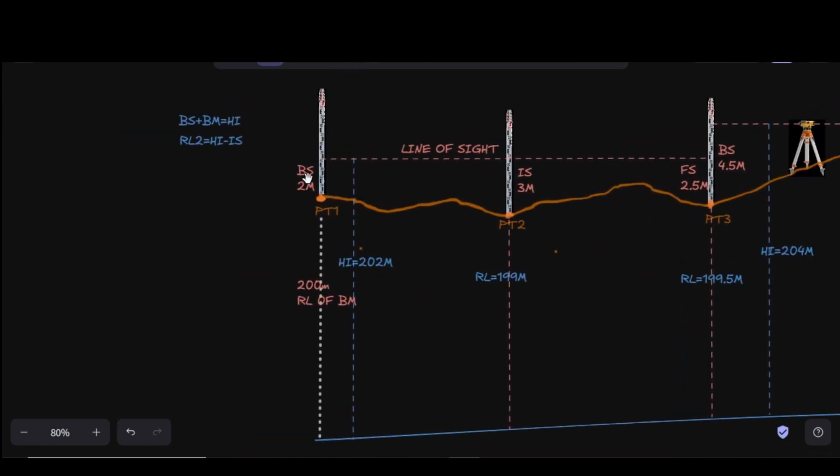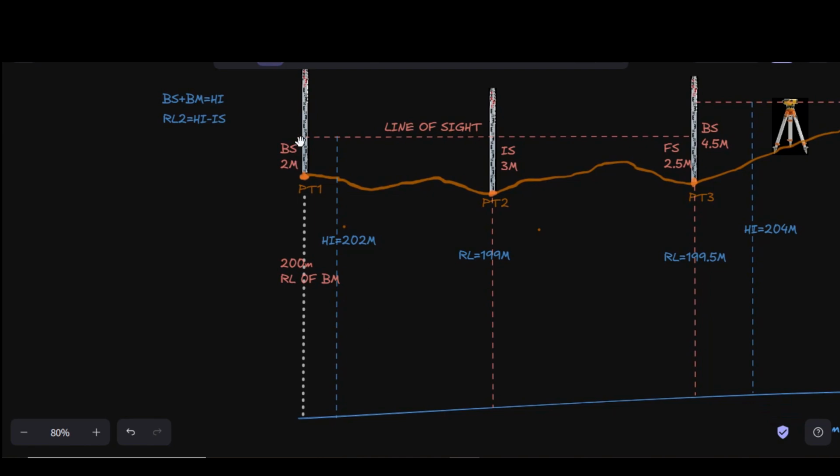All right, so look at what we're going to do. We know that backside reading plus RL of benchmark, let's call it our initial reduced level, which I talked about in the previous videos. Once we add this small space, that's the backside, plus this RL together, it will determine the whole height here, and that height is called the height of instrument on point 1.